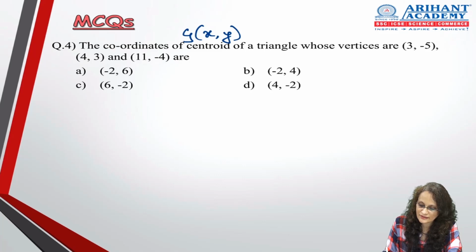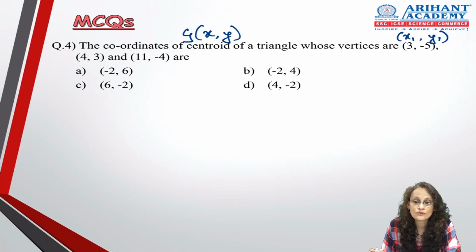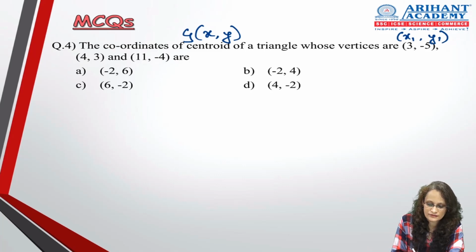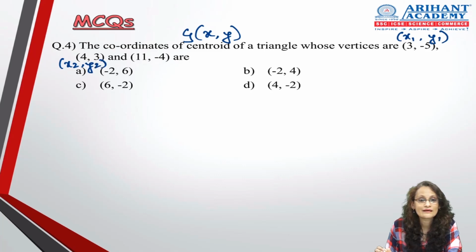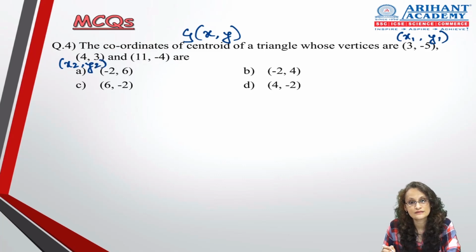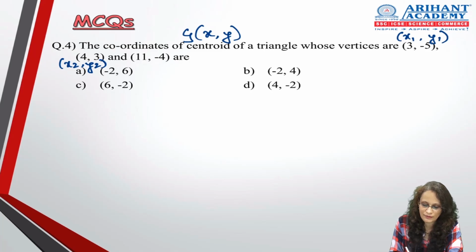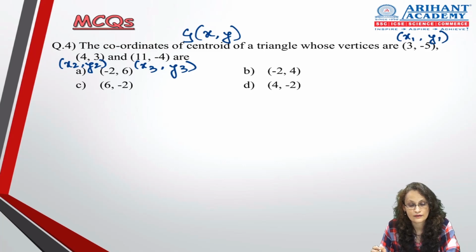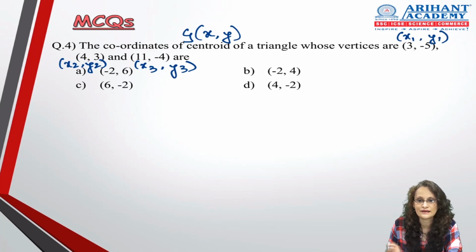So this I take as x1 comma y1, 4 comma 3, which I will take to be x2 comma y2, and 11 comma minus 4. Obviously 11 comma minus 4 will be my x3 comma y3, and then you can see A, B, C and D options. Now from these four we have to find our answer.